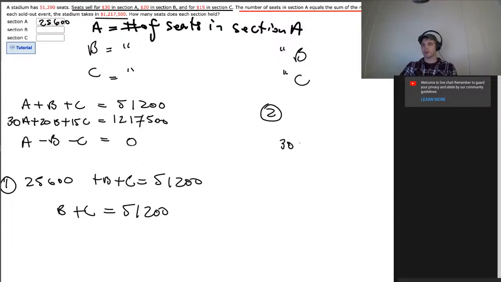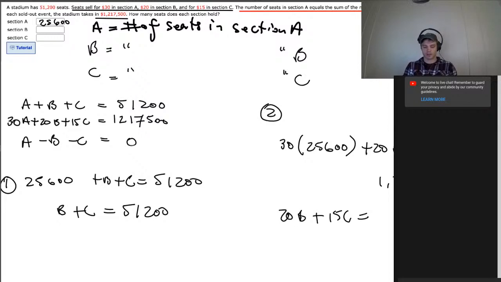So we'll get 30 times 25600 plus 20b plus 15c equals 1,217,500. Okay, so multiplying this together and then subtracting it from both sides, we get 20b plus 15c equals 217,500. 30 times 25600.